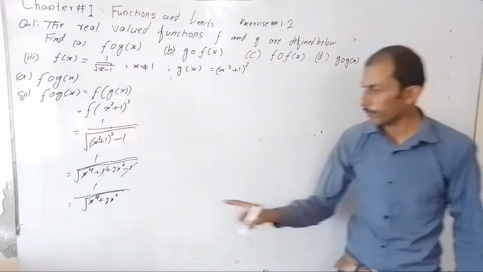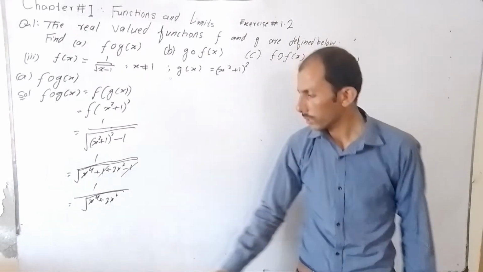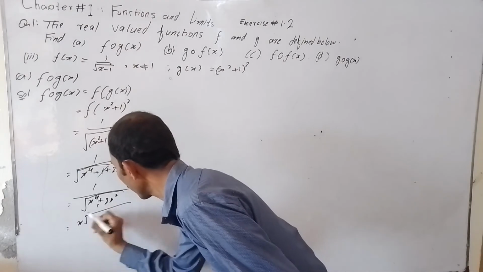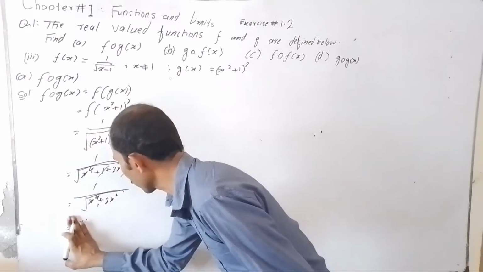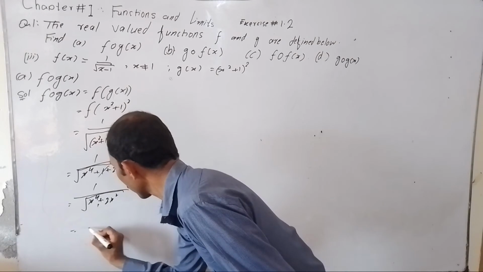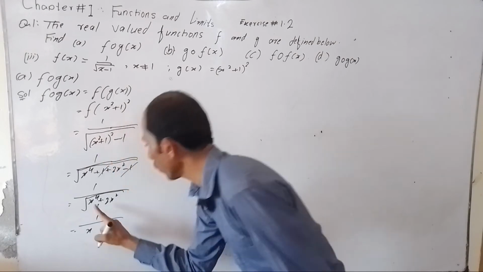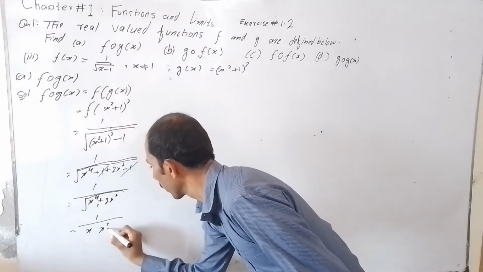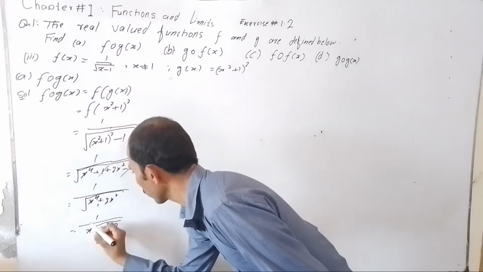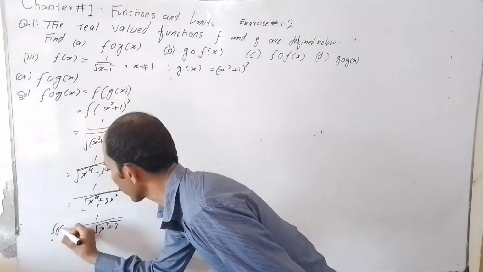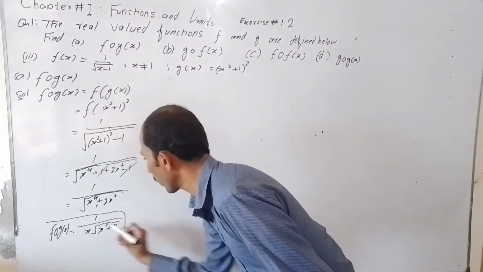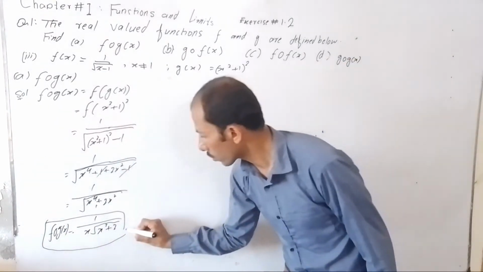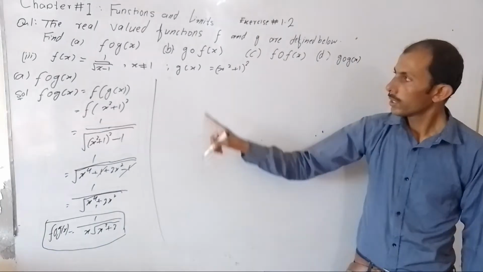Taking common x square, so x common, it is 1 divided by x into under root of x square plus 2. So f of g of x is equal to 1 divided by x under root of x square plus 2.